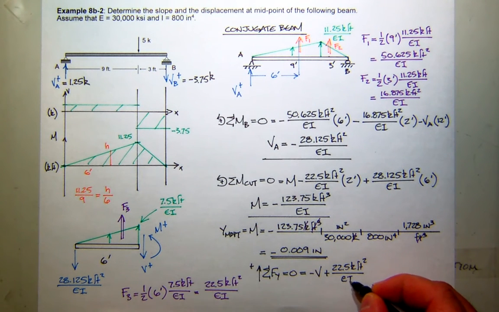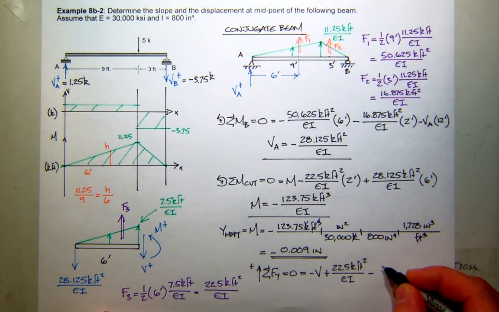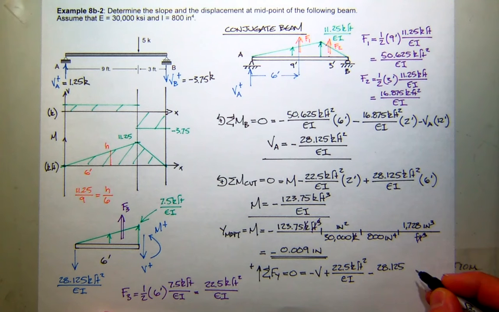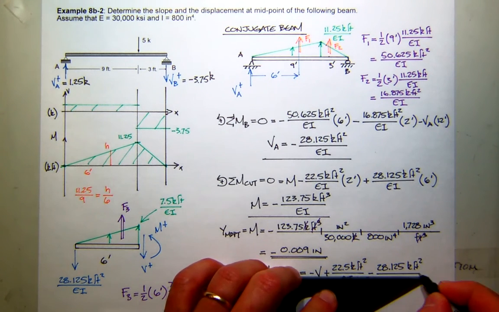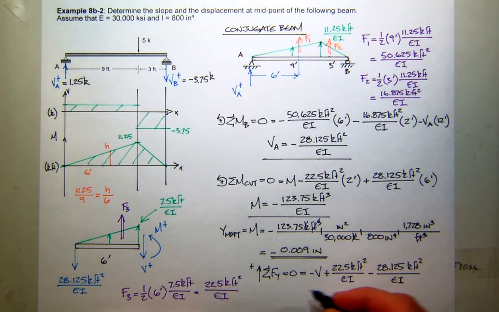And then I've got my 28 acting down. This is going to be even smaller, a relatively smaller value. So the shear is going to be equal to what? 5.625. That's a relatively small value.